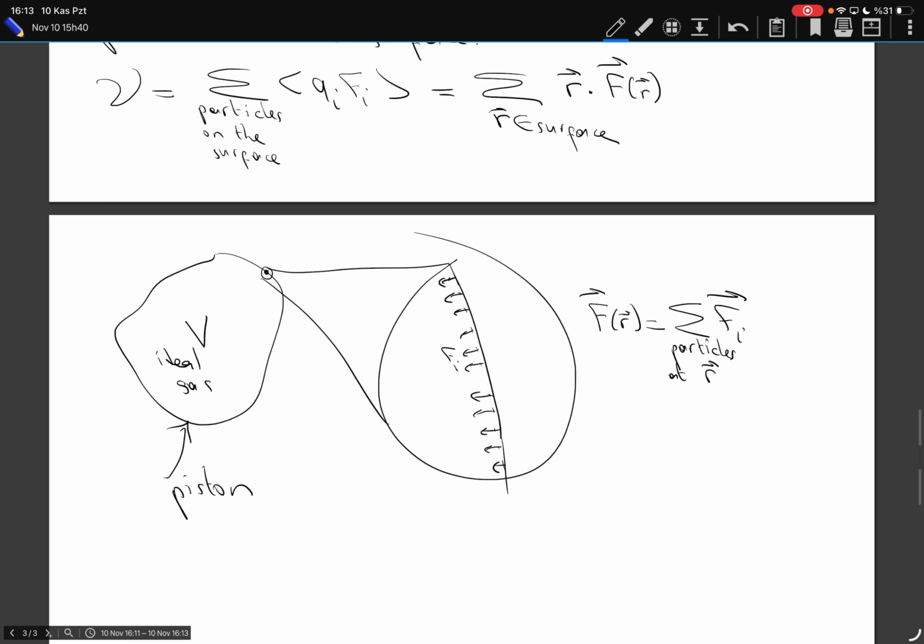And this force is the force that the surface is exerting on my particles. Well, a better notation would probably be dF, because I will be taking a very small area so that all those particles I can treat as if they're at the point R or very near R.